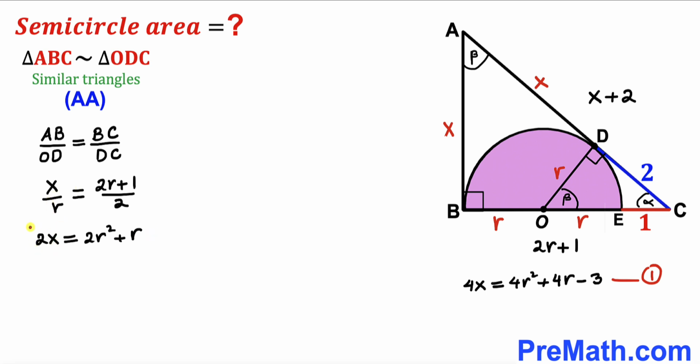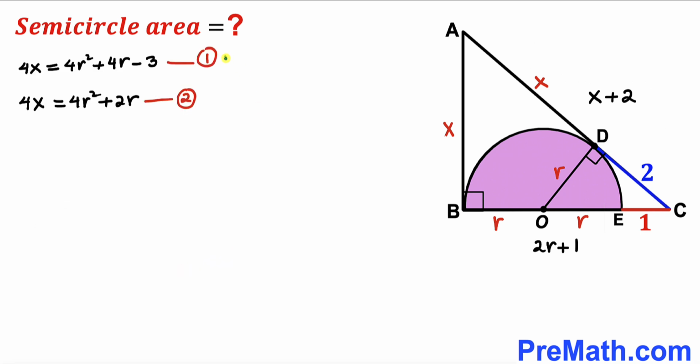So I'm going to multiply this one by 2 across the board. 2 times 2x is going to give us 4x equal to 4r square plus 2 times r. I'm going to label this one as our equation number 2.